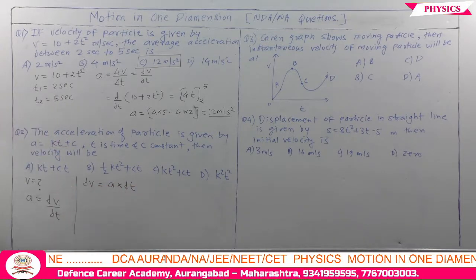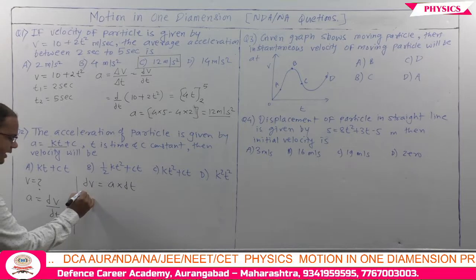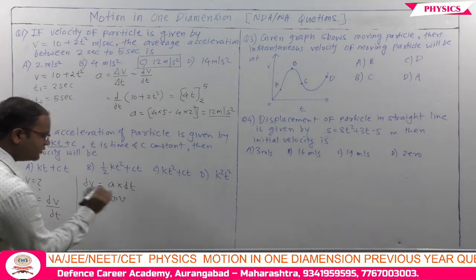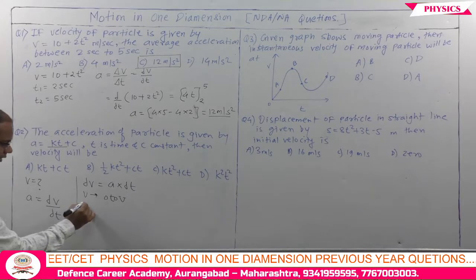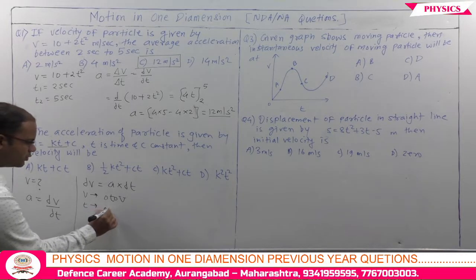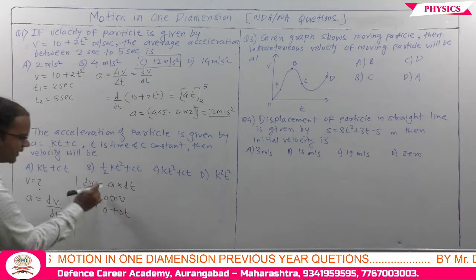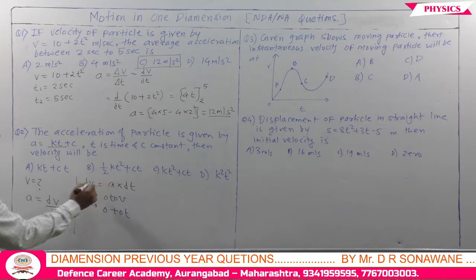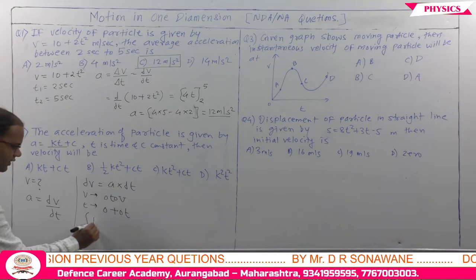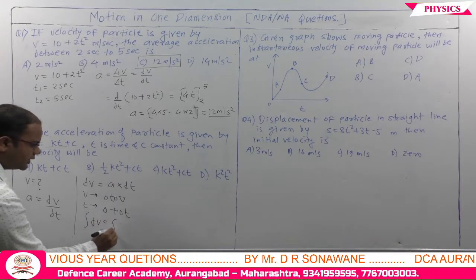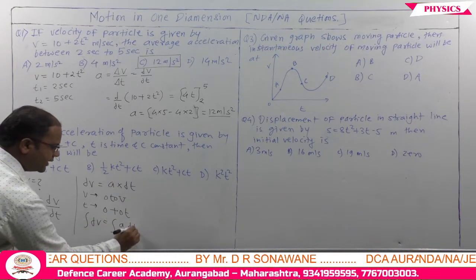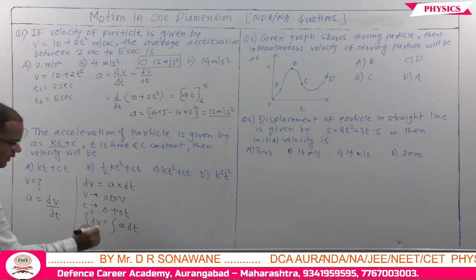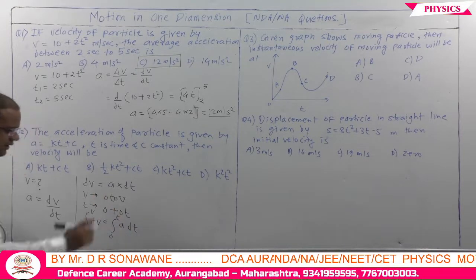If we take integration here, if we say velocity is changing from 0 to v, maximum velocity v, and time is changing from 0 to t, then integration dv equals integration a into dt, where velocity is changing from 0 to v and time is from 0 to t here.